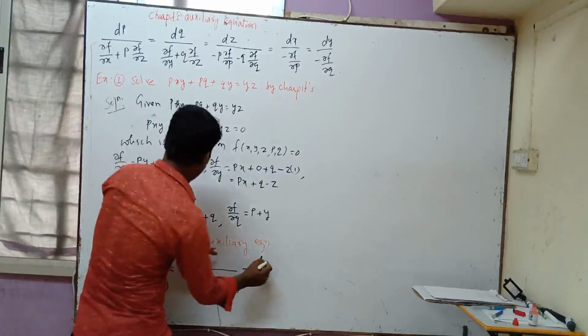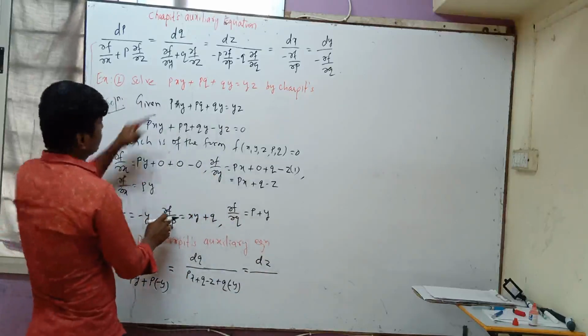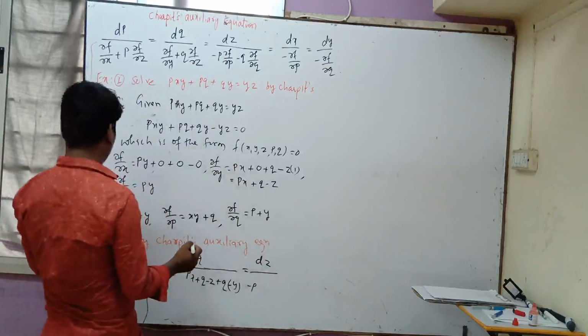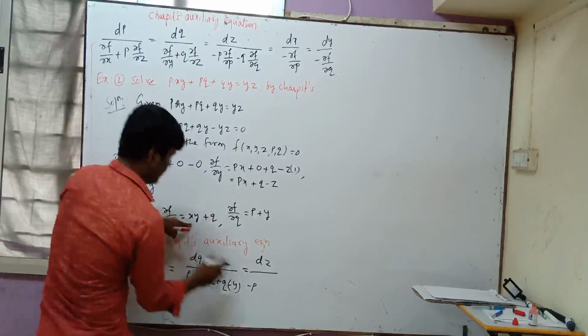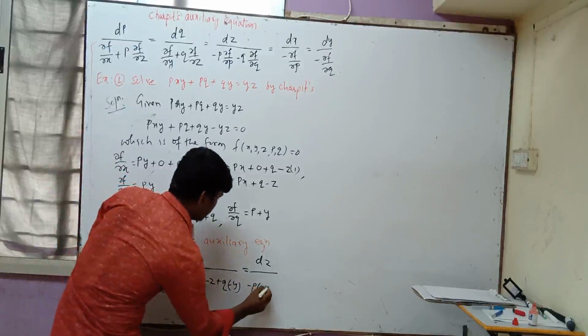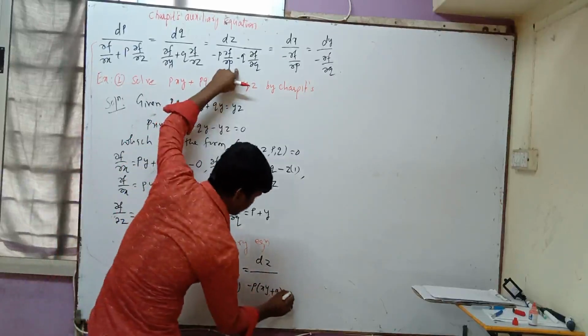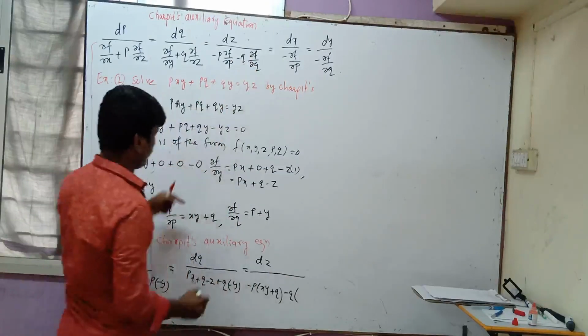So now the next term is equal to dz divided by minus p into ∂f/∂p minus q into ∂f/∂q. Where is ∂f/∂p? ∂f/∂p is here, that is xy plus q, and now minus q into ∂f/∂q. Where is ∂f/∂q?